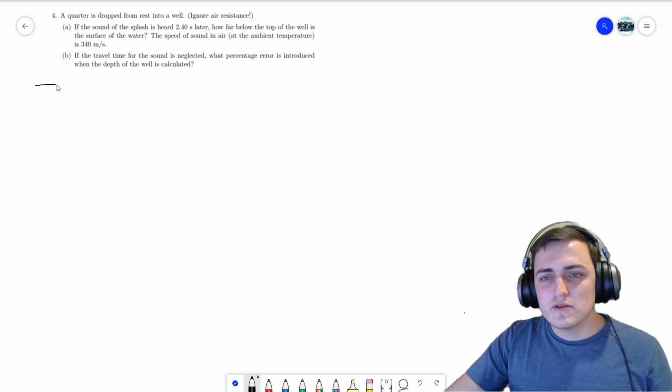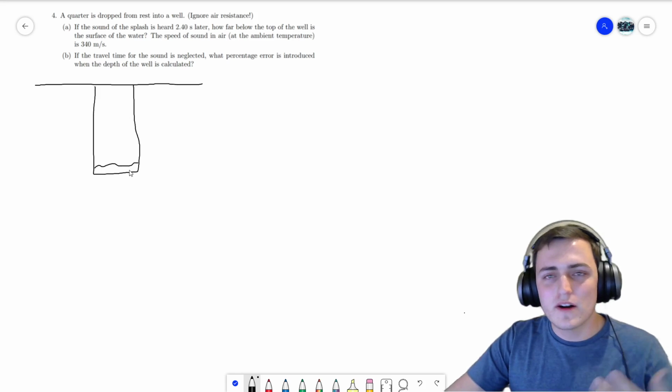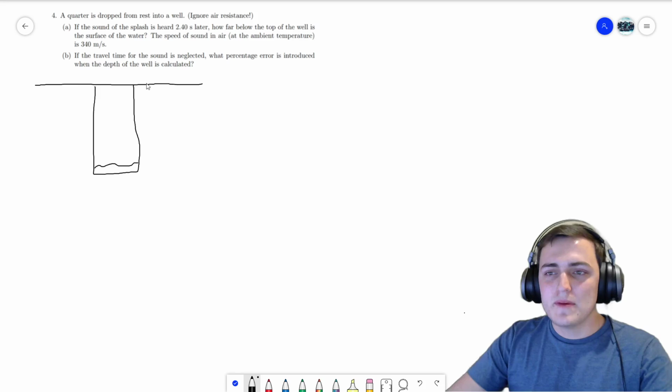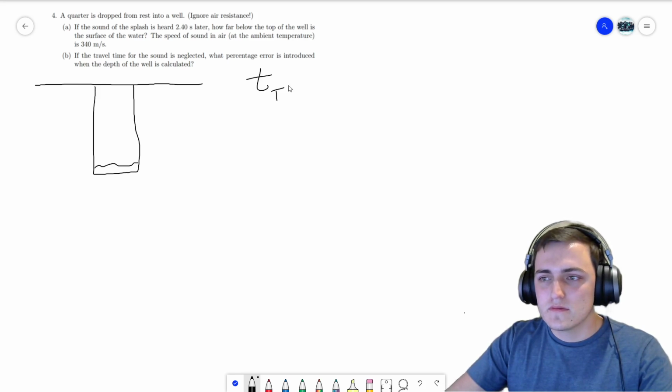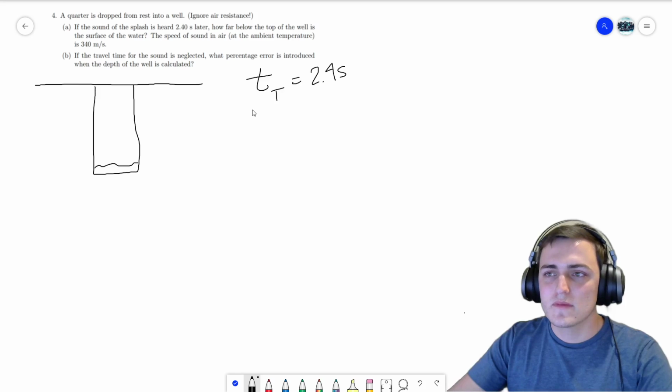So the first thing we want to do is draw a picture. So we can just draw a little well on the ground, and the bottom of the surface is just water. And so what happens is we know t total to be 2.4 seconds. The sound of the splash is heard 2.4 seconds later.